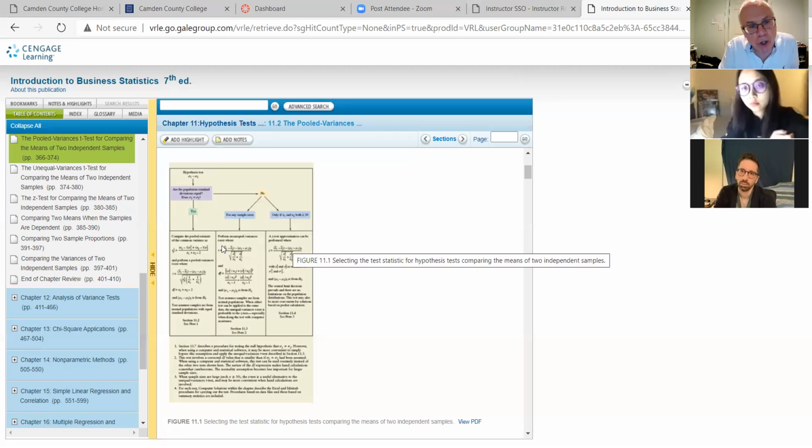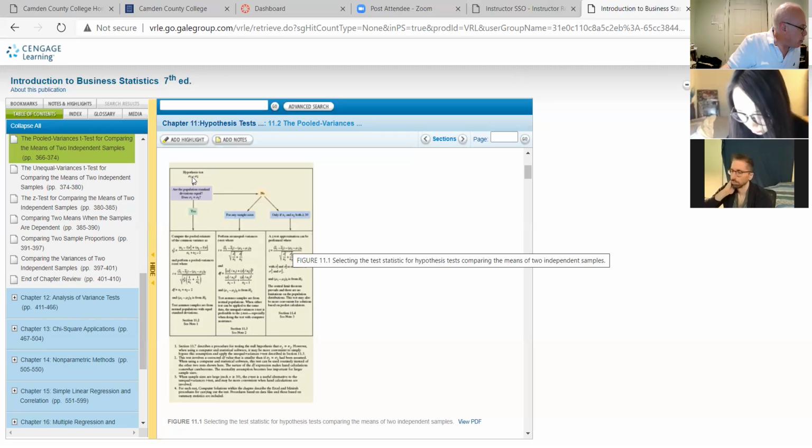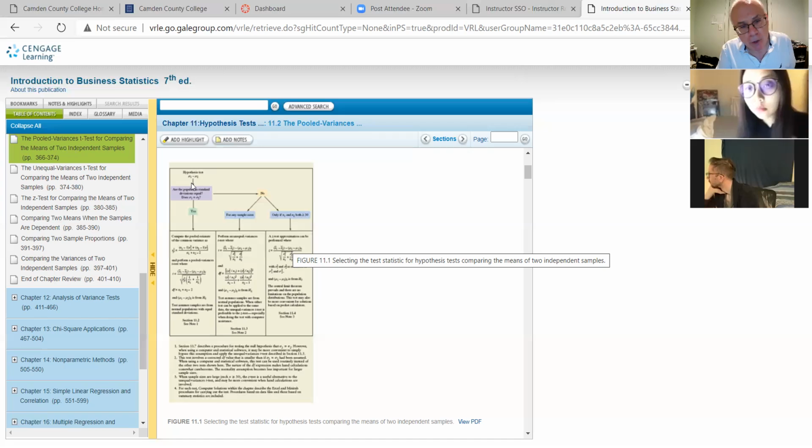How do we determine what standard error to use? If you look at this chart, the hypothesis test is in terms of a mean, in this case mu1 minus mu2. This chart deals strictly with means.